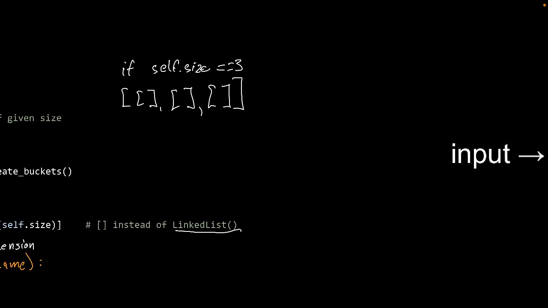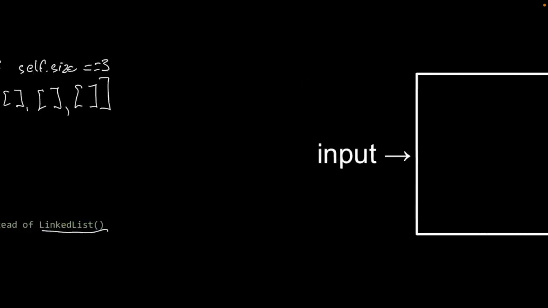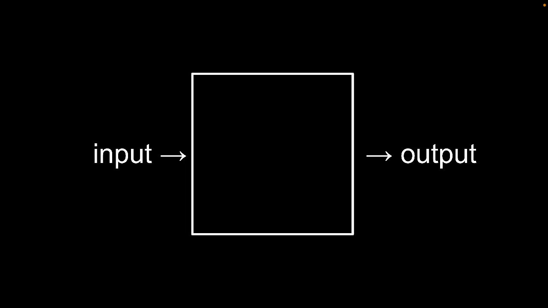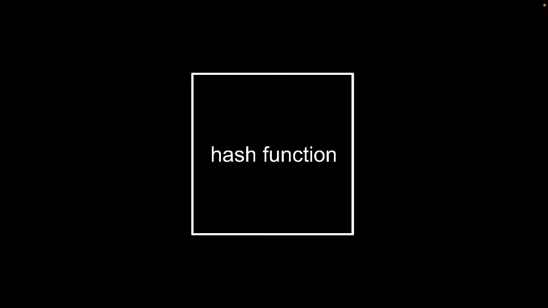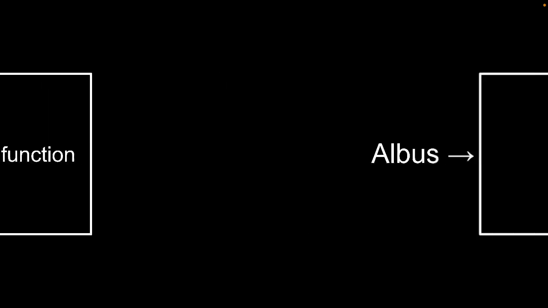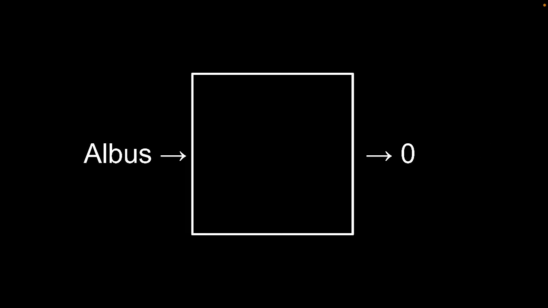So let's actually talk about that hash. Why is it called a hash table? If you think about it, for each of those names, we got an input, and then we got some output, some sort of location where we're supposed to put a certain element. For example, we have a hash function that took Albus, it went into the hash function, and then we got out 0.